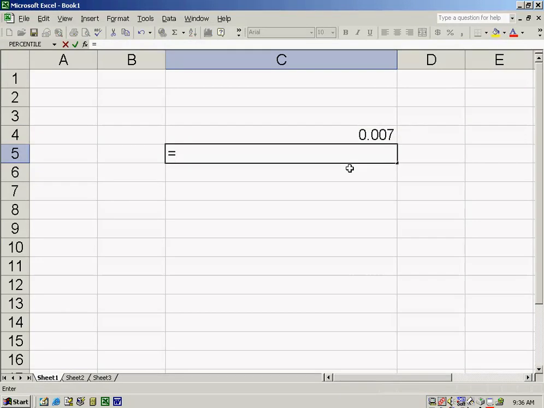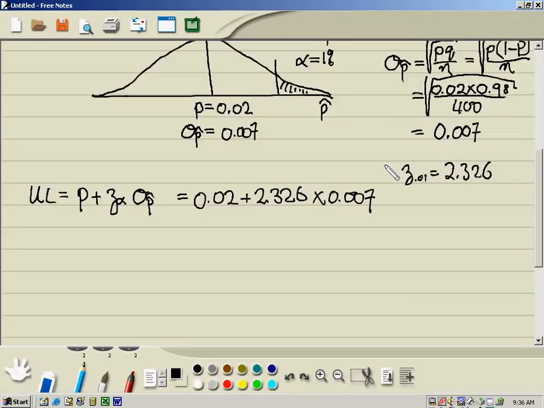So that will be equal to 0.02 plus 2.326 times the 0.007 standard deviation, and to 4 significant places that's 0.03628.